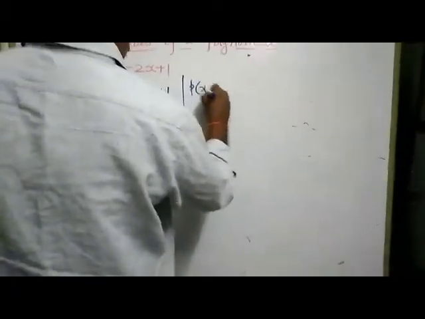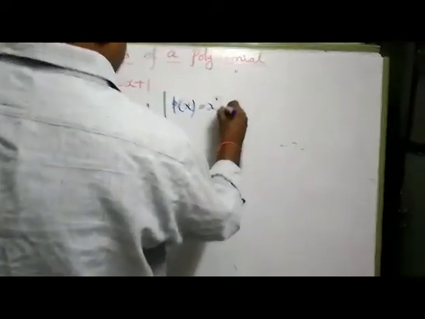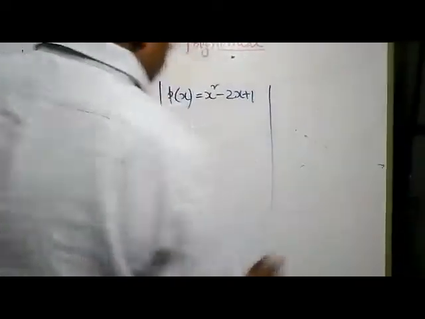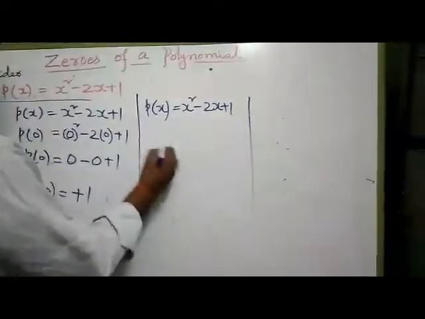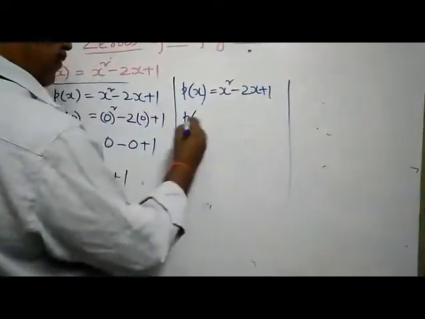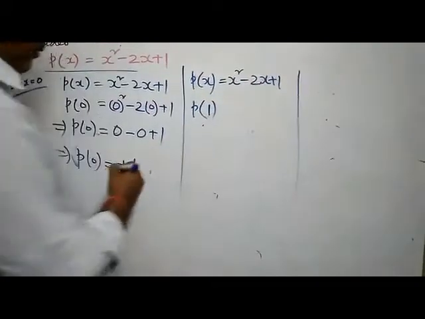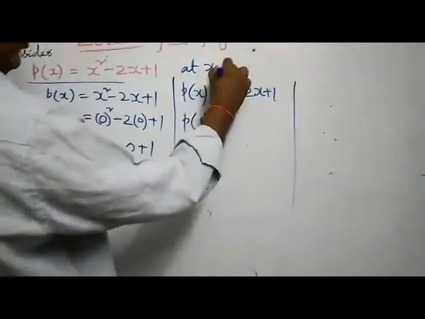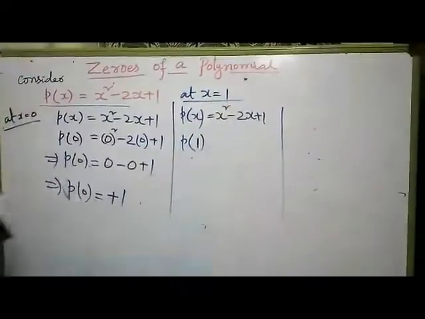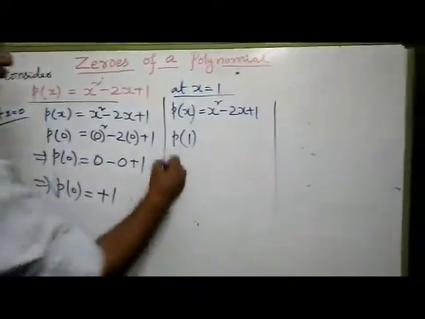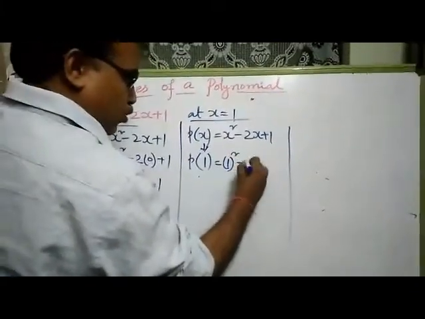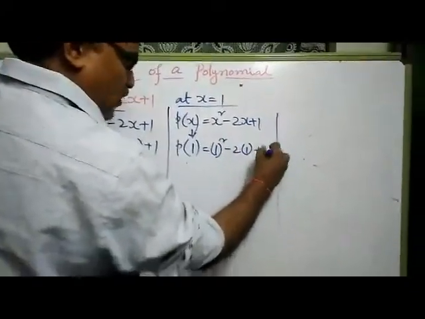P of x is equal to x square minus 2x plus 1. So, let us take P of plus 1. P of 1 is the value of the polynomial at x is equal to plus 1. So, x is equal to 1. Here 1 square, here 2 into 1 plus 1.